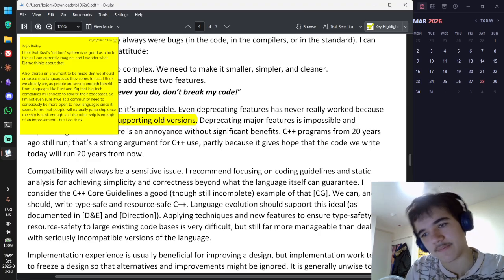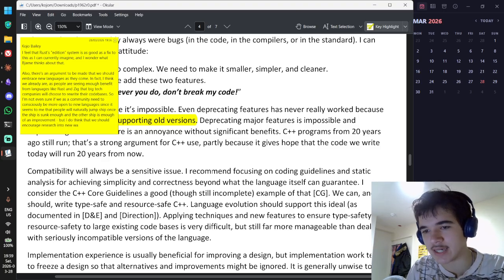But I do think that we should encourage research into new ways of programming.